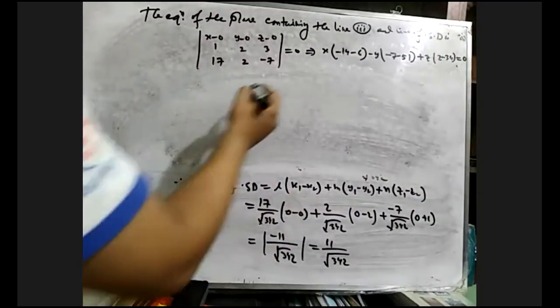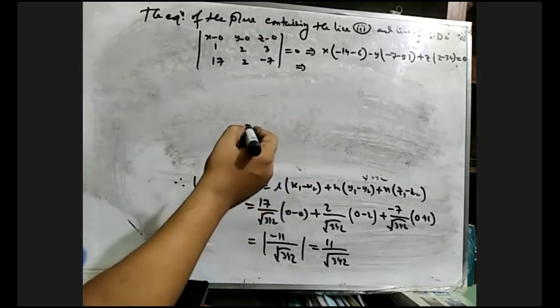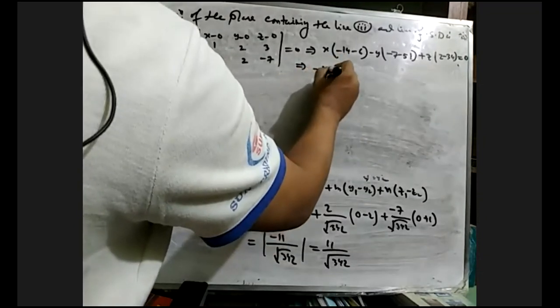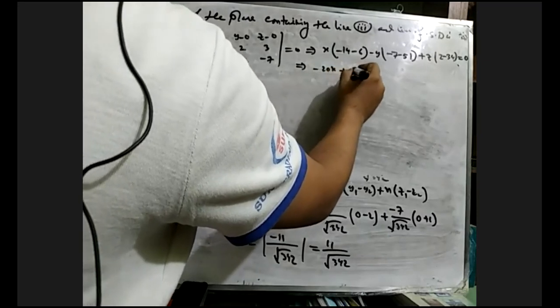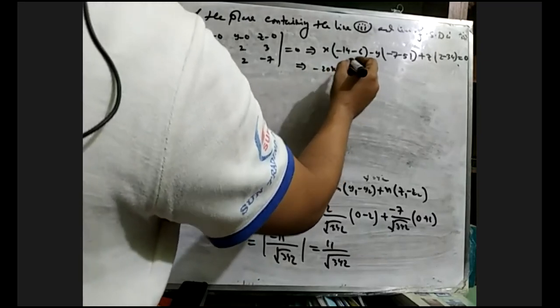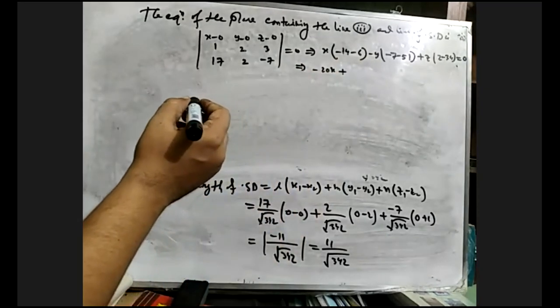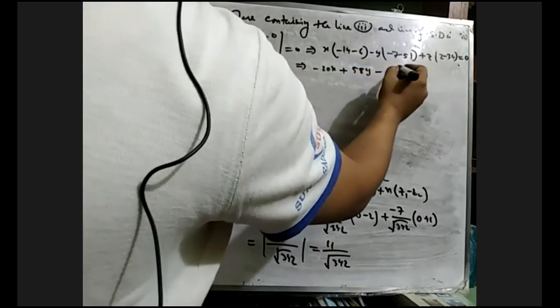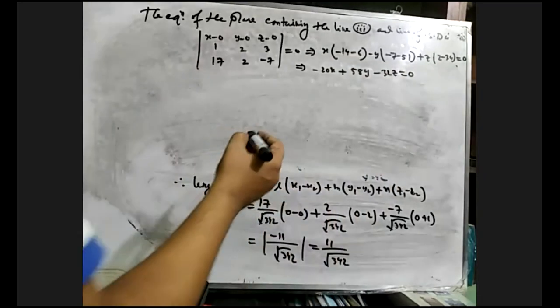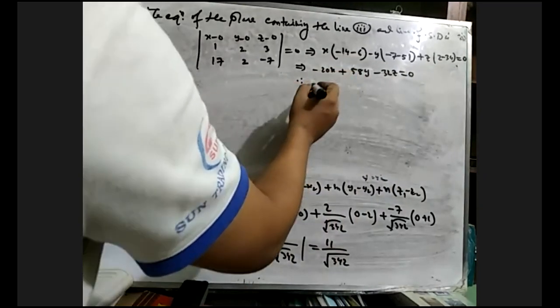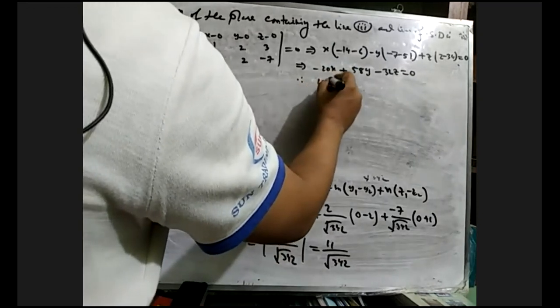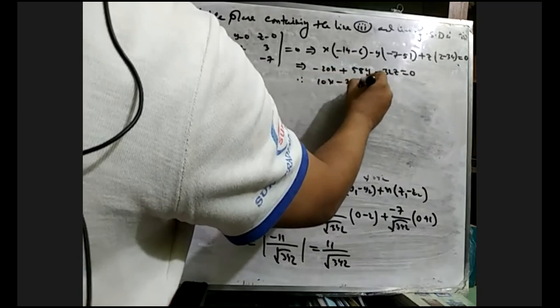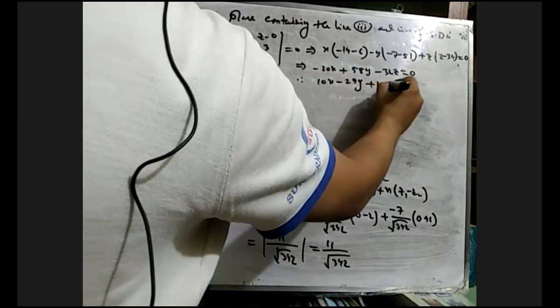This equals 0. So we get easily from here minus 20x plus 20 plus 58y minus 32z equals 0. By dividing by 2 on both sides, we get minus 29y plus 16z equals 0.